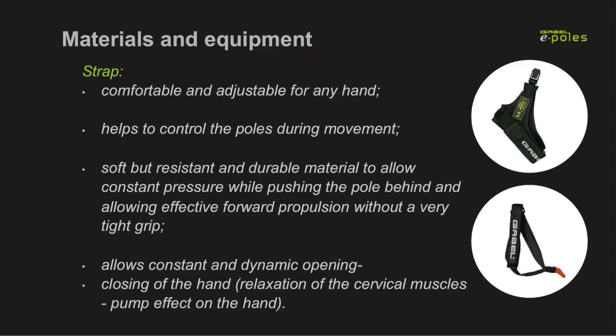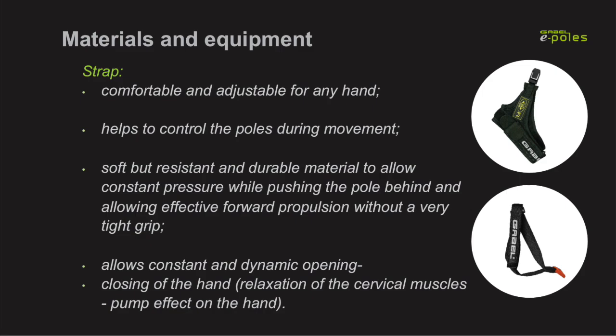The function of a strap is very important. It should be comfortable, easily adjusted to the hand, and give the needed support during walking. It should also give total control during arm movements. The material is soft but resistant, so it doesn't stretch with time.